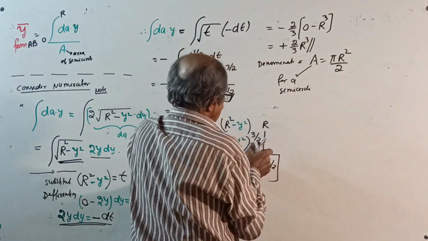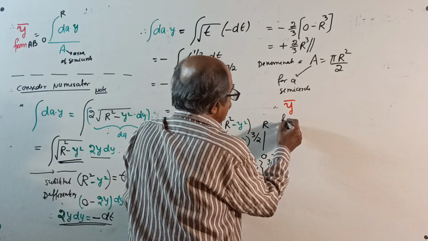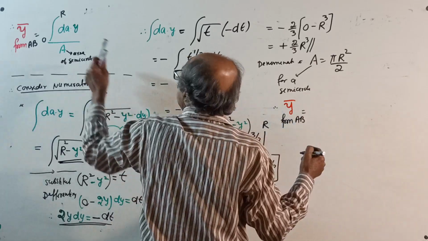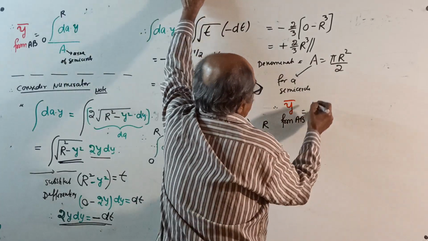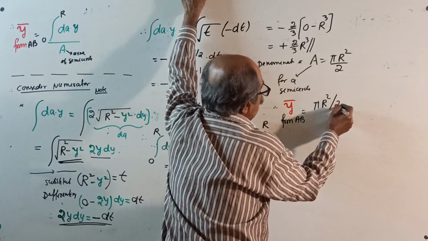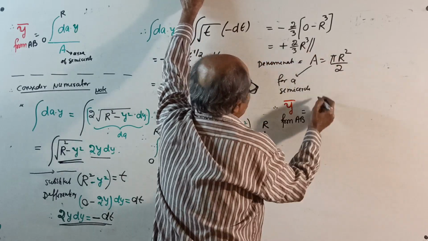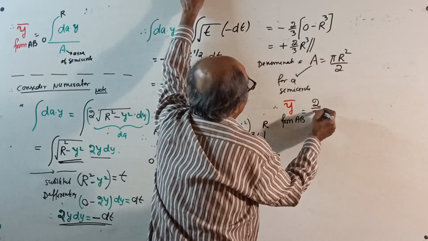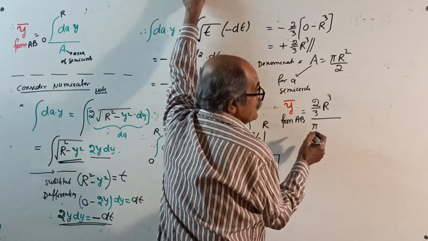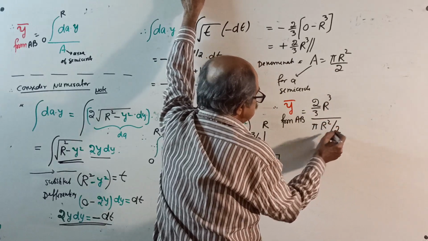Therefore, your y bar from AB will become numerator by denominator: 2 by 3 r cube divided by pi r square by 2.